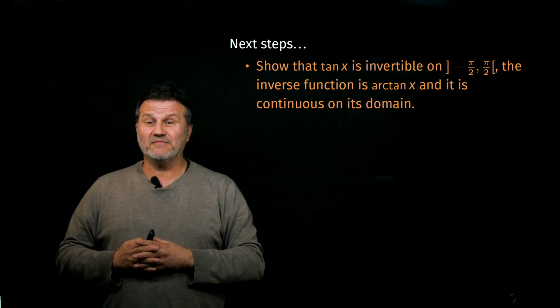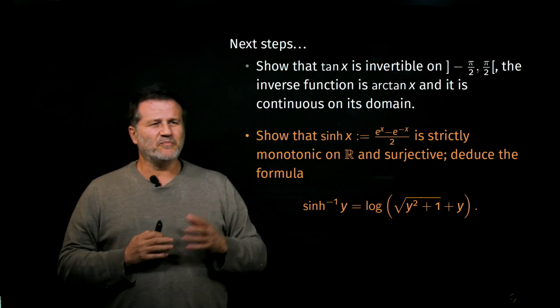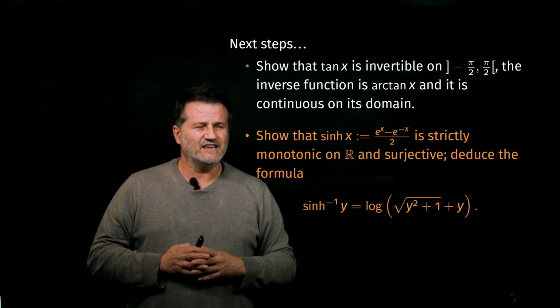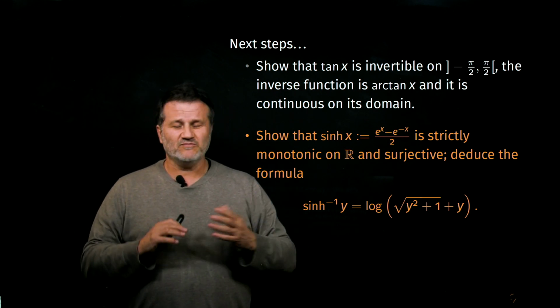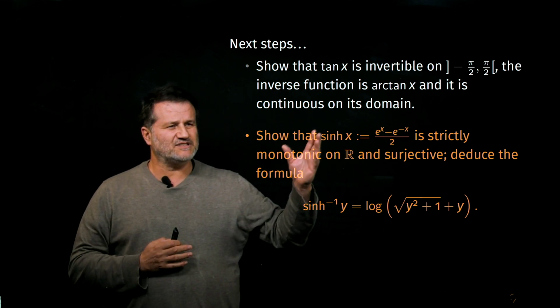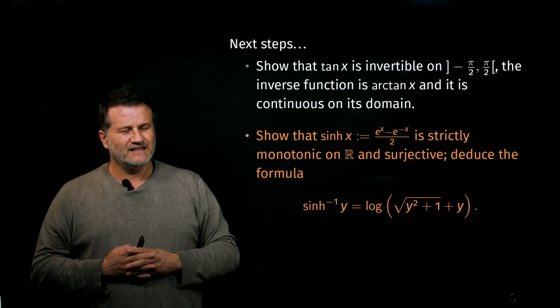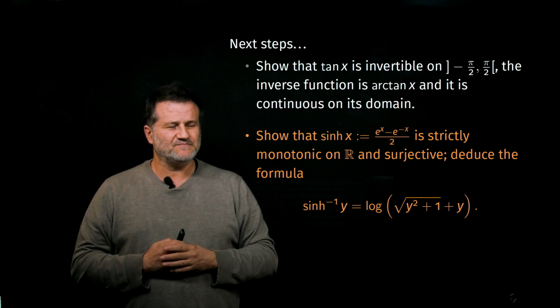This function is named the arctangent. Similarly, another important function is the hyperbolic sine, which is defined in this way. You can check directly, without using any differential calculus, that this function is strictly increasing on the real line, and it is also surjective as a function from R to R.